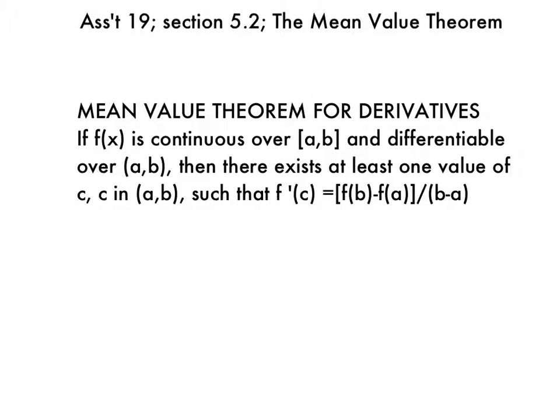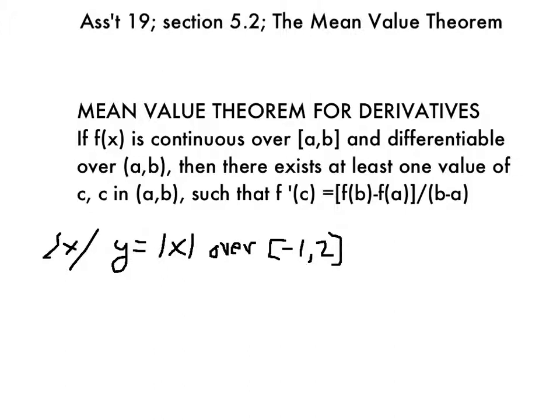Here's a really simple example of a function which serves as a counterexample. So let's suppose we talk about y is equal to the absolute value of x over the interval, let's say -1 to 2. Now, you should be suspicious about this interval. Here's what we know.